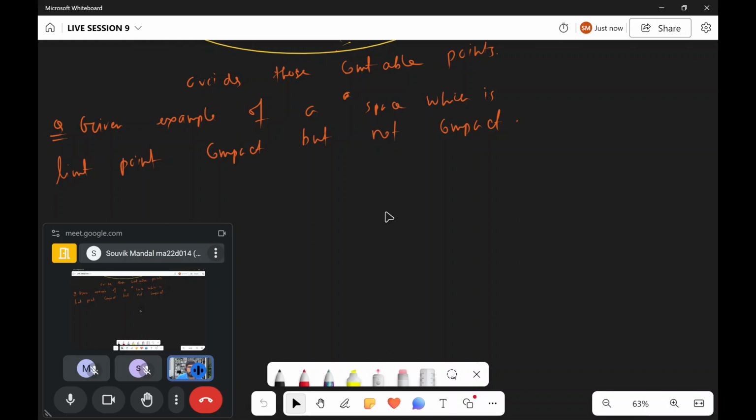The question is: give an example of a space which is limit point compact but not compact.